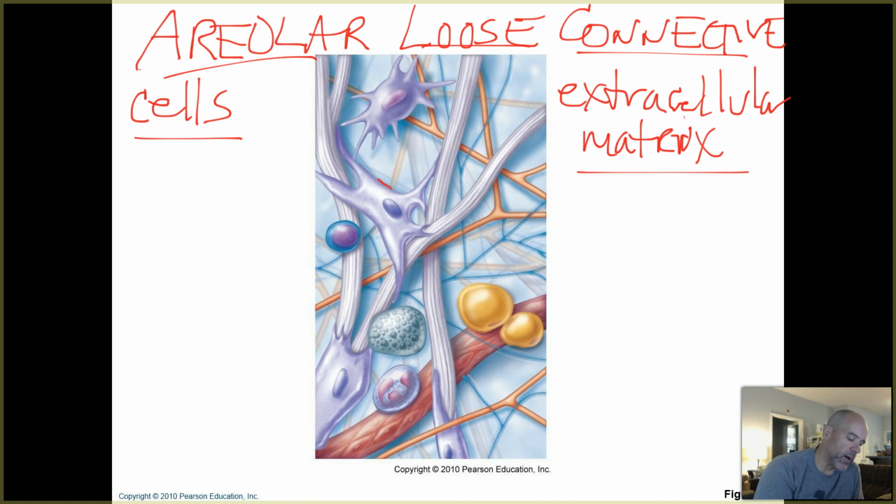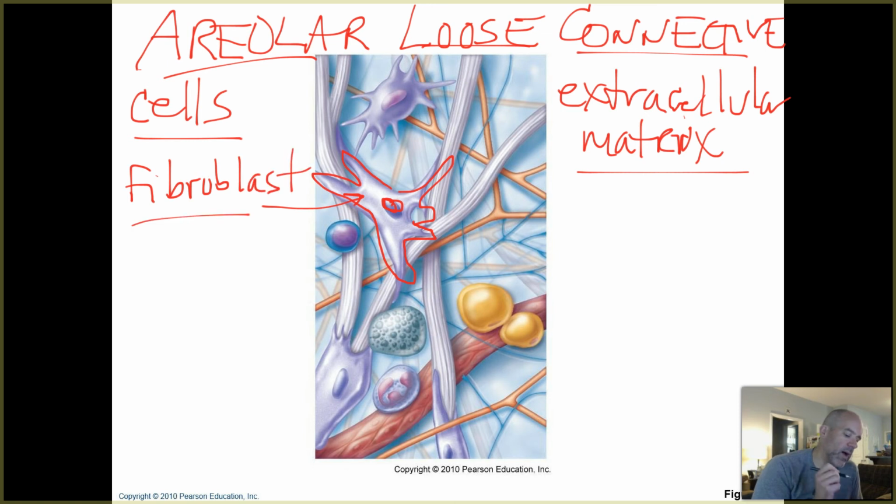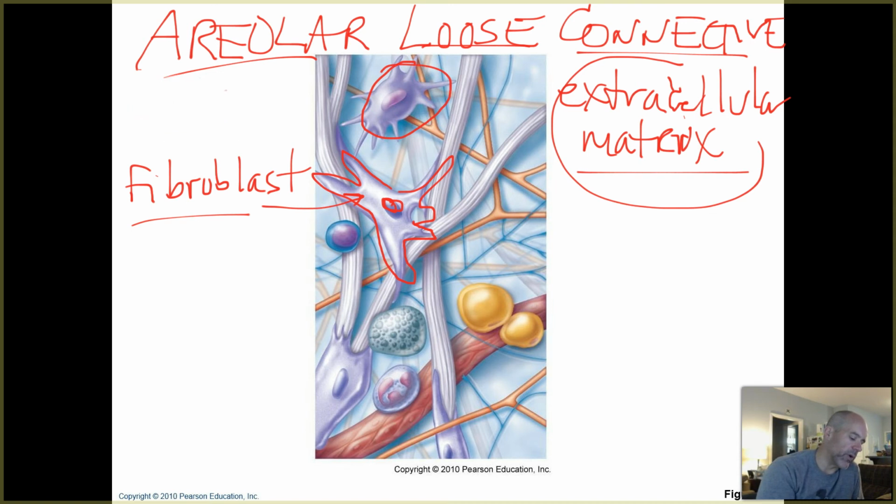All right, the one I really want to highlight for you especially is this one. There's its nucleus. That is a fibroblast. You'll hear more about those on the physiology lecture. Those are your main workhorse cells in your connective tissues. They make most of the components that you see over here of the extracellular matrix. Another cell type in here, this kind of spiky looking cell, is called a macrophage.